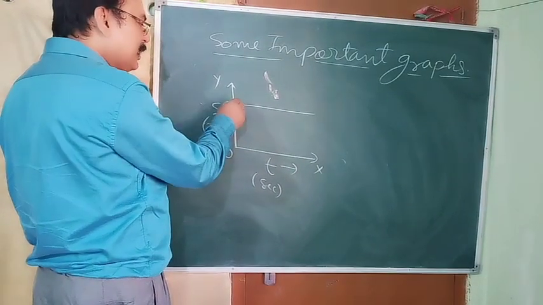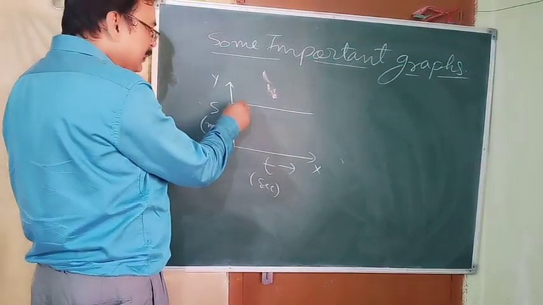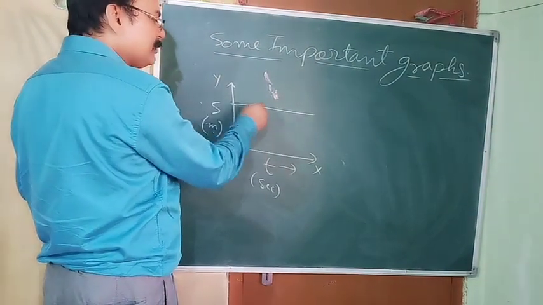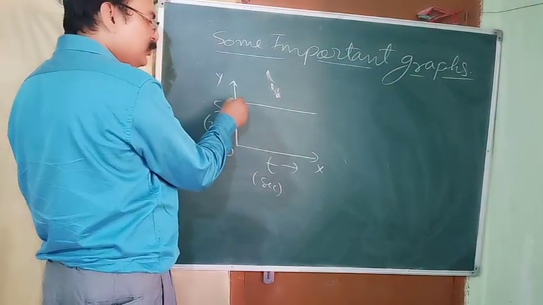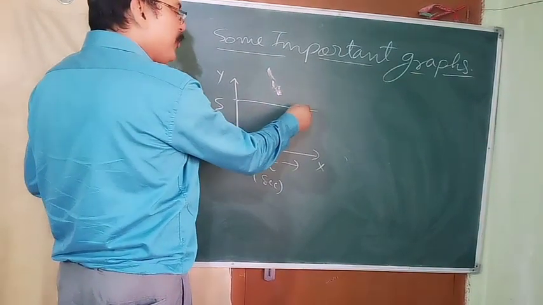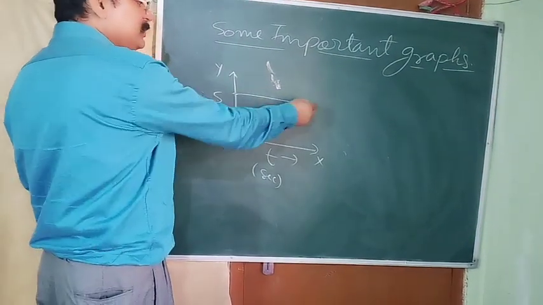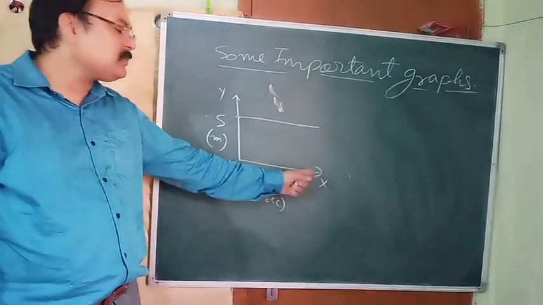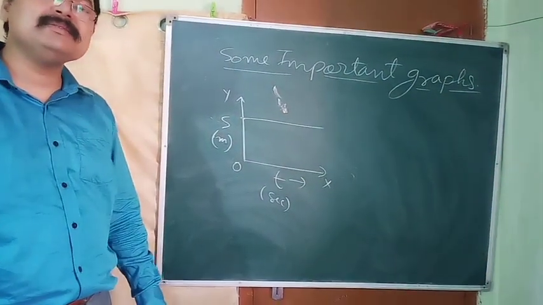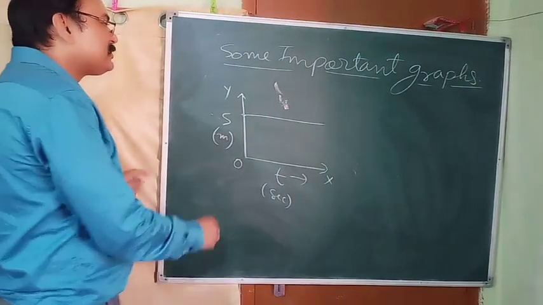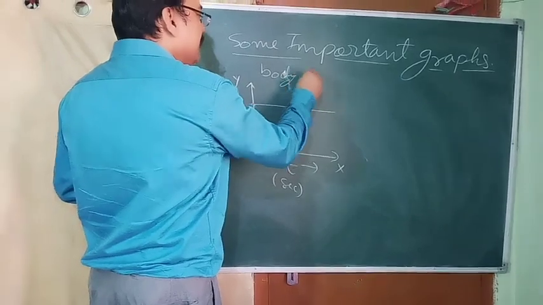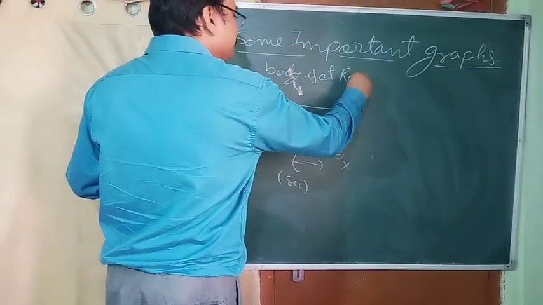At 0 time it was at the 50 meter mark. As the time is increasing, it is at the same mark. Every point is indicating the same displacement. So that means the displacement of the body is not changing even with increasing time. It means that the body is at rest.